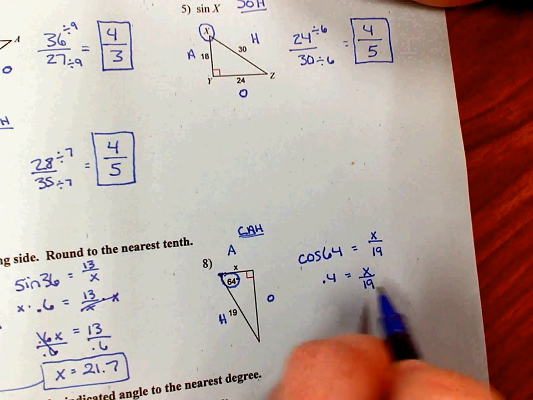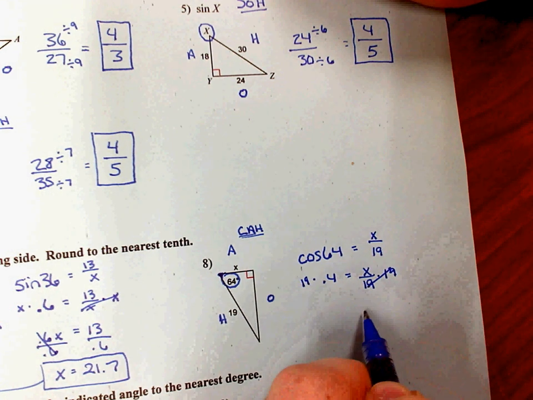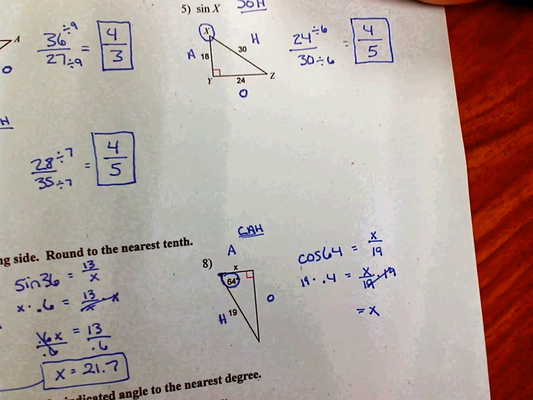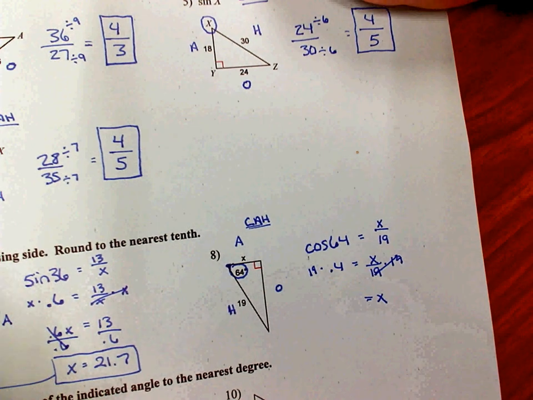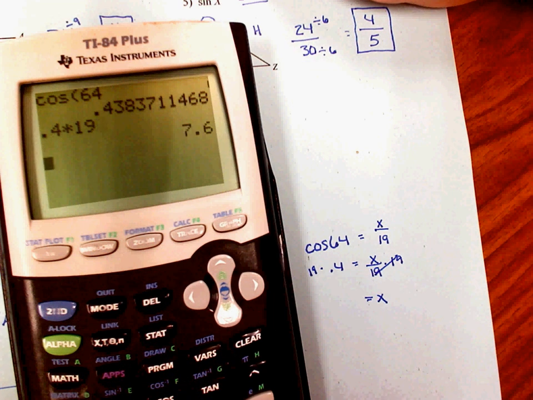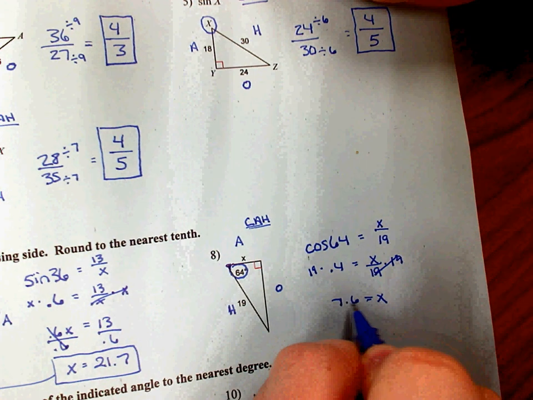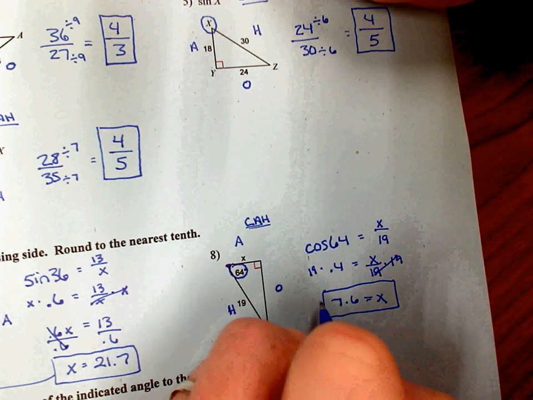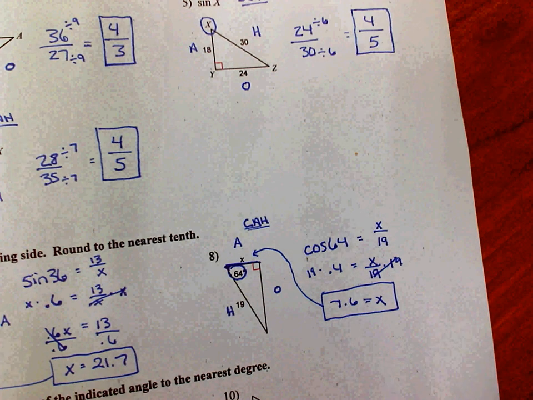To get rid of a divided by 19, you simply multiply by 19. And in so doing, we get x by itself pretty quickly. So x equals 0.4 times 19, or 19 times 0.4. Either way, 7.6. So in this problem, I was looking for that length right there of that side, and I see that it is 7.6 units long.